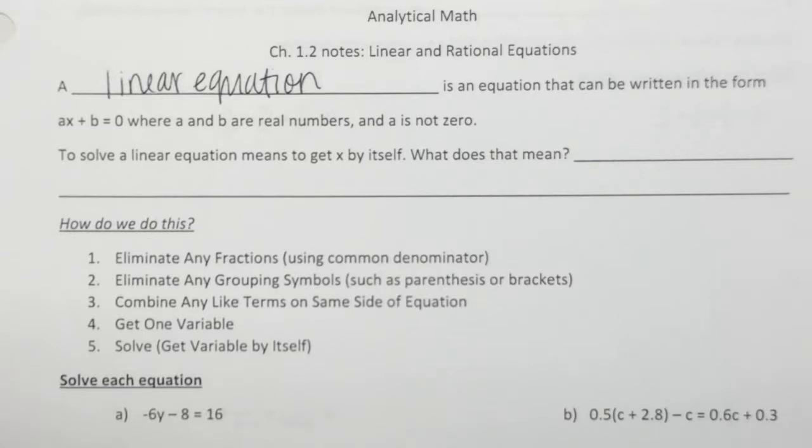So to solve a linear equation means to get x by itself. What does that mean in y'all's words? To get x by itself in an equation. To solve for x. How do you know that you've solved for x in an equation? Once it's by itself, what does that mean?